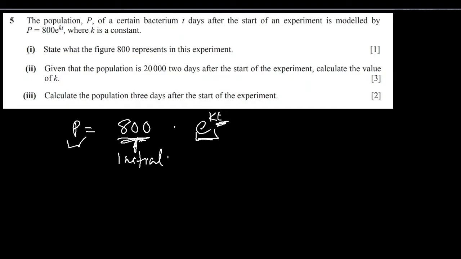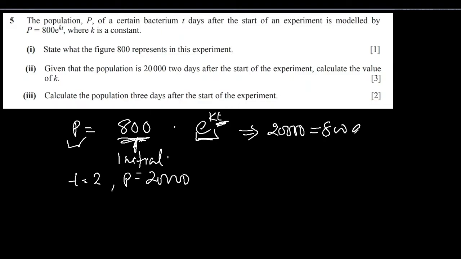Number 2, given that the population is 20,000 two days after the start of the experiment, calculate the value of k. So they have given us t equal to 2 days because t is in days. Look here, t is 2 and P is 20,000. Find the value of k. So let's substitute: 20,000 equals 800 e to the power k times 2.